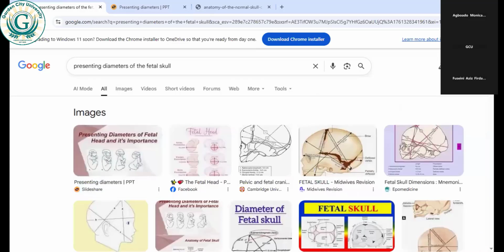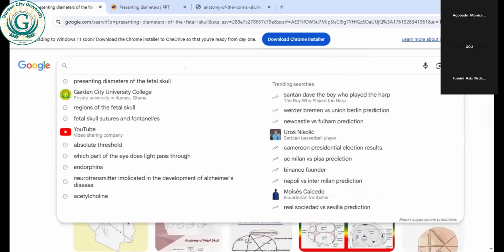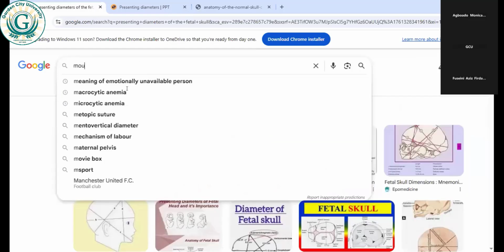Alteration in shape is possible because the bones of the vault allow a slight degree of bending, and the skull bones are able to override at the sutures.